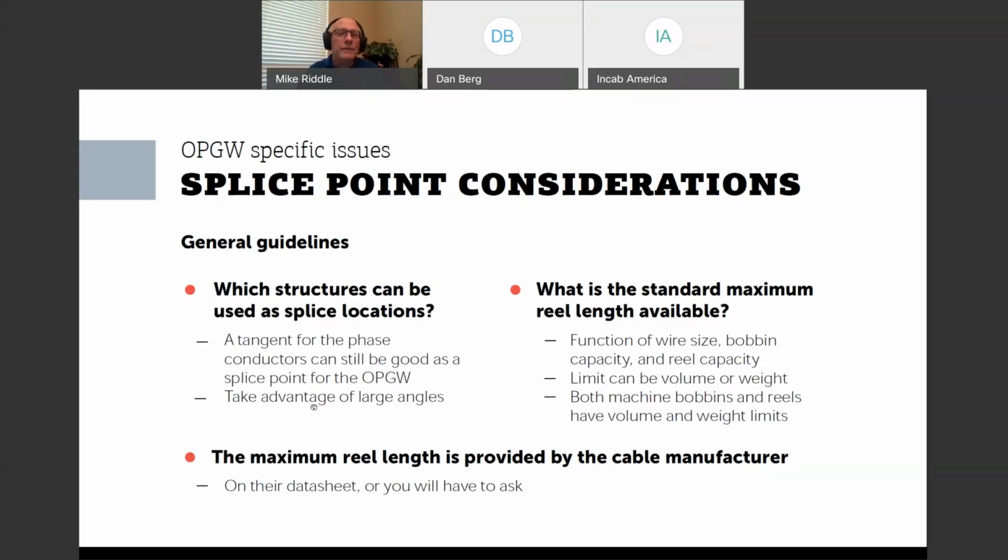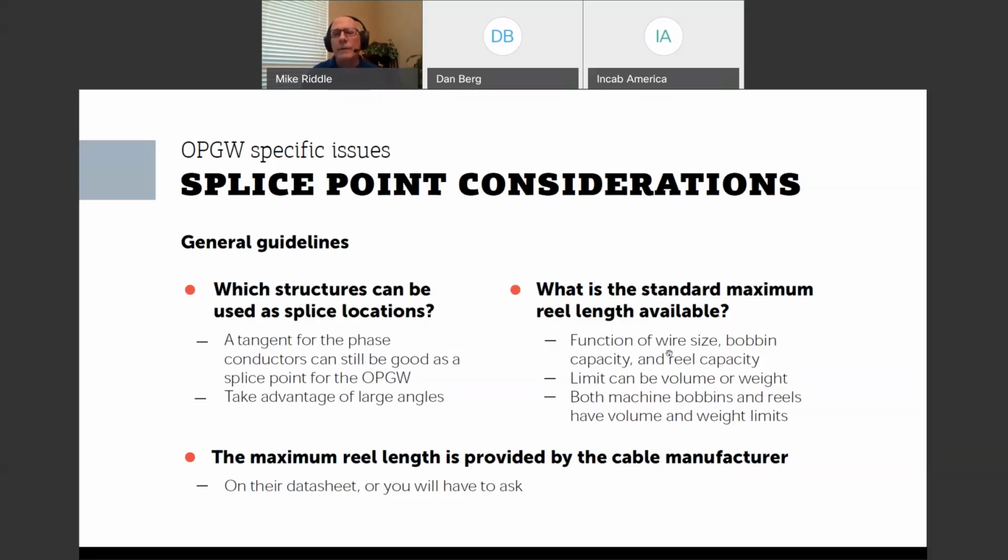And then I like to take advantage of large angles when I'm helping customers do it, because angles can be a limitation on what you can pull through. And so I can take an angle out of the equation if I choose that structure as a splice point. Again, assuming I can meet my setup criteria there.